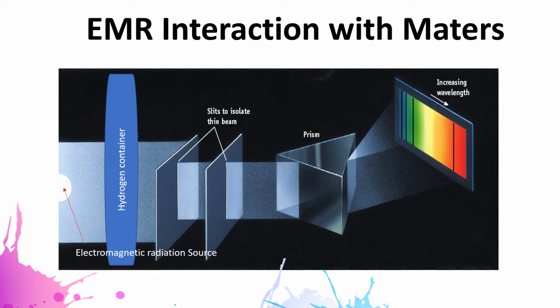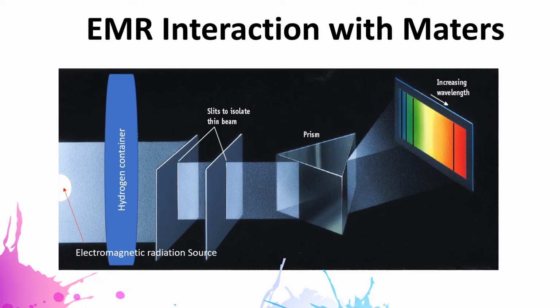Here there's an electromagnetic radiation source and a hydrogen gas sample. When it passes through this hydrogen gas sample and goes through a prism, you can observe a light spectrum similar to the previous experiment. However, there are some dark lines in this spectrum because of the hydrogen gas, which absorbs some part of the electromagnetic radiation.